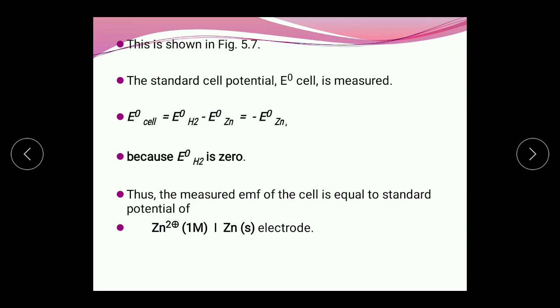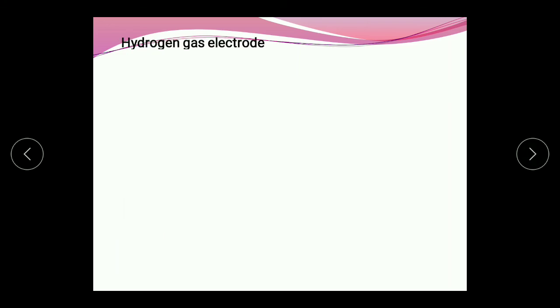Understood? So we can easily calculate the EMF of a single electrode by connecting it with the reference electrode, and that is SHE. Now, if the conditions are not maintained according to the standard conditions, that means pressure of 1 atmosphere and concentration of 1 molar, then what to do?